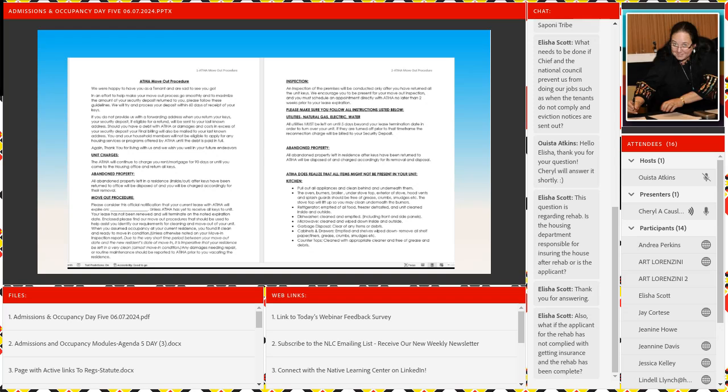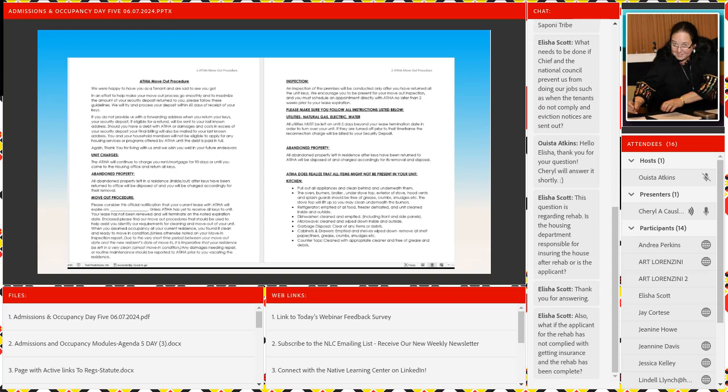Any damages needing repair or routine maintenance should be reported to the housing entity prior to you vacating the residence. An inspection of the premises will be conducted only after you have returned all the unit keys. We encourage you to be present for your move-out inspection, and you must schedule an appointment directly with the housing authority no later than 2 weeks prior to your lease expiration.